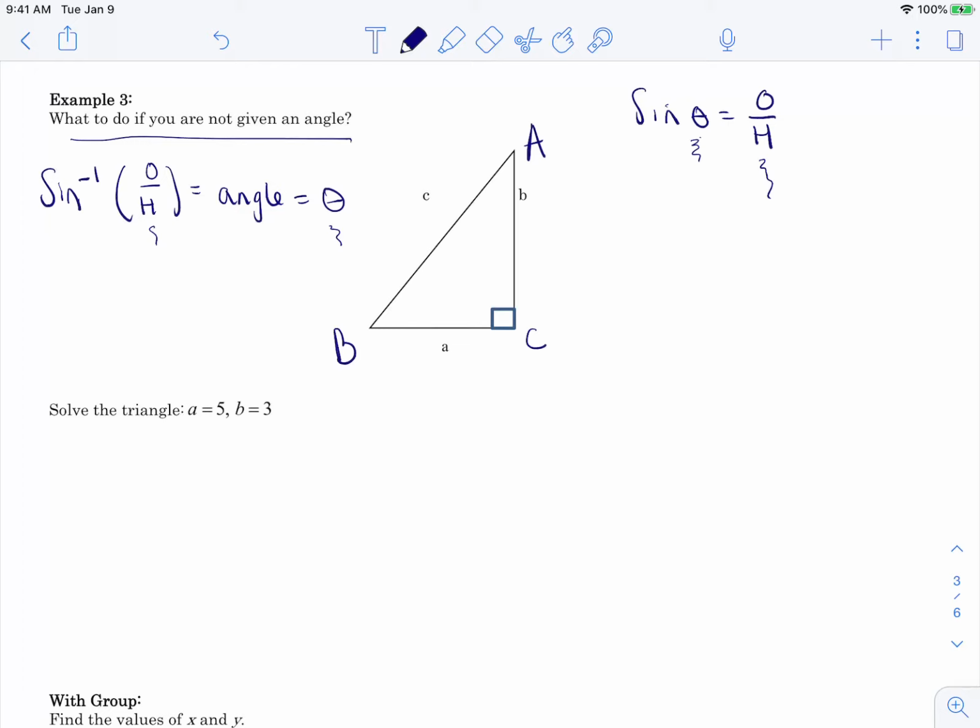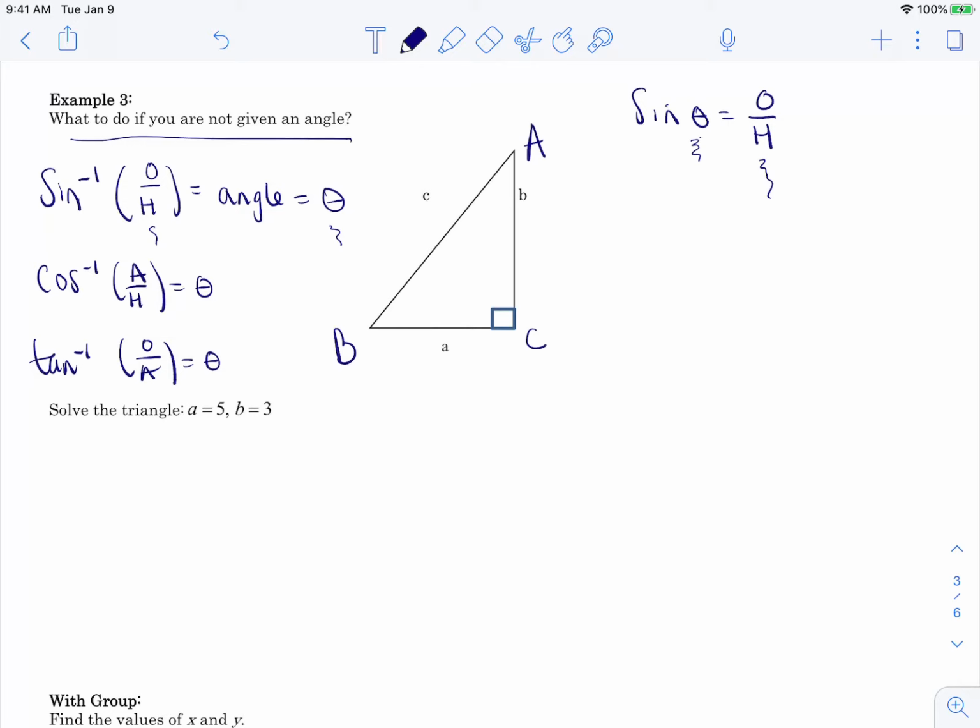You either use inverse sine, inverse cosine, or inverse tangent. You can use inverse secant, cosecant, and cotangent, but again, they're not that useful when you're calculating on a calculator, so we're just going to stick with inverse sine, inverse cosine, and inverse tangent.